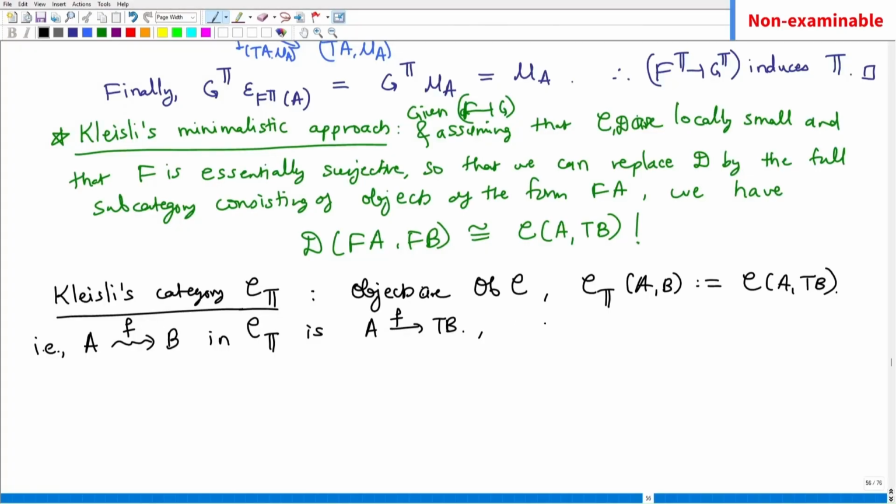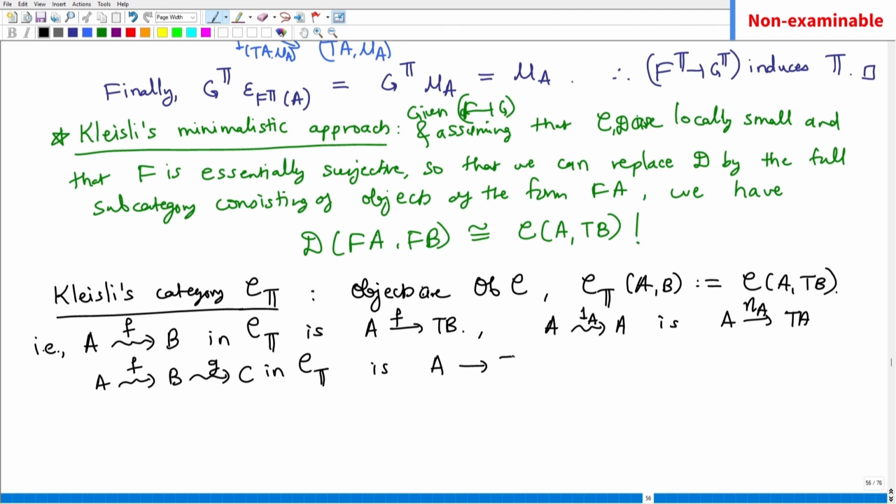So the identity A to A is A to TA, which is eta. Then I have to describe composition of two zigzag morphisms in C_T. You have a morphism from A to TB, which is F. From TB, you only know what B to C is, so you have to apply T on that.